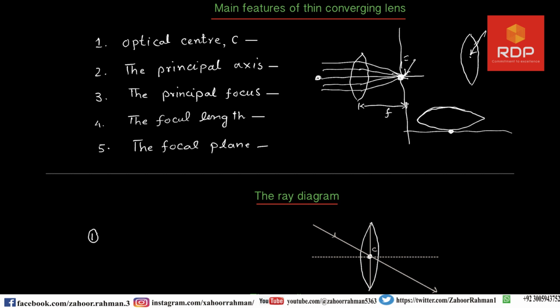This is known as the focal plane. The focal plane is perpendicular to the principal axis, as you can see that it is perpendicular.